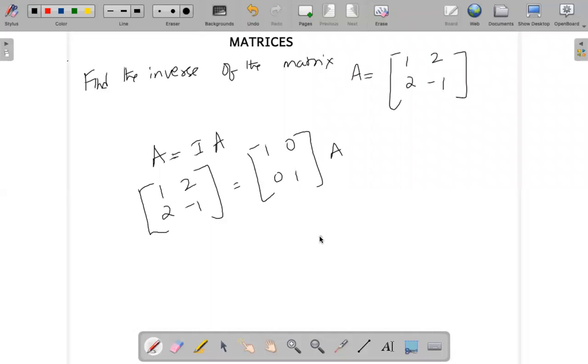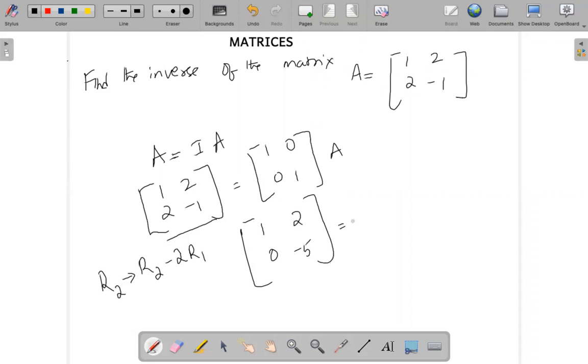Now let us apply the row operations on this. That is R2 minus 2R1. Let us apply this. So that will be 0, minus 5, equal to 1, 0, 0, 1. So we have applied this.